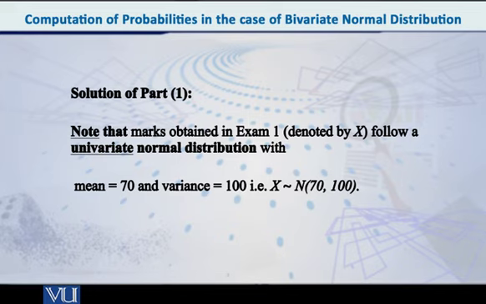And you already know that in the case of the bivariate normal distribution, the marginal densities are themselves normal. और वो जो पैरामीटर वैल्यूज हैं X के हवाले से वही इस डिस्ट्रीब्यूशन के पैरामीटर की वैल्यूज हैं. यानी mu X is equal to 70 and sigma square X is equal to 100. यानी अगर sigma X is equal to 10, then obviously sigma square X is equal to 100.